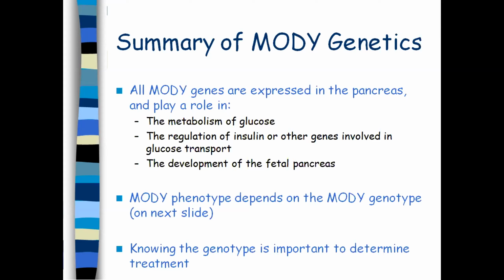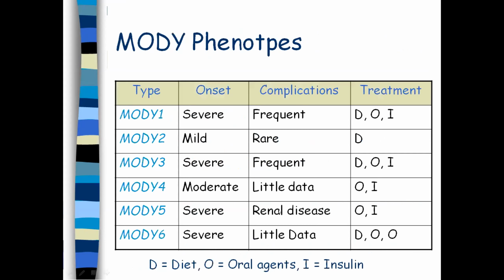So MODY phenotype depends on MODY genotype, and knowing the genotype is an important determinant for treatment. So these are the treatment strategies for MODY phenotypes, complications and treatment. D for diet, O for oral agent, and I for insulin.